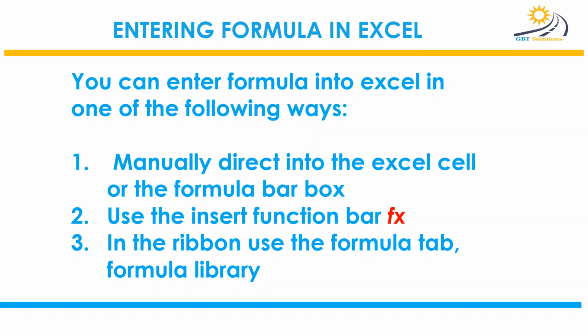The second method is to enter a formula manually, but instead of entering it into the cell, you enter it into the formula box. You select the cell, go to the formula box just beside the insert function, and code your formula: equal, your function, open the bracket, put the argument inside, close the bracket, and hit enter, and the formula is in your cell.